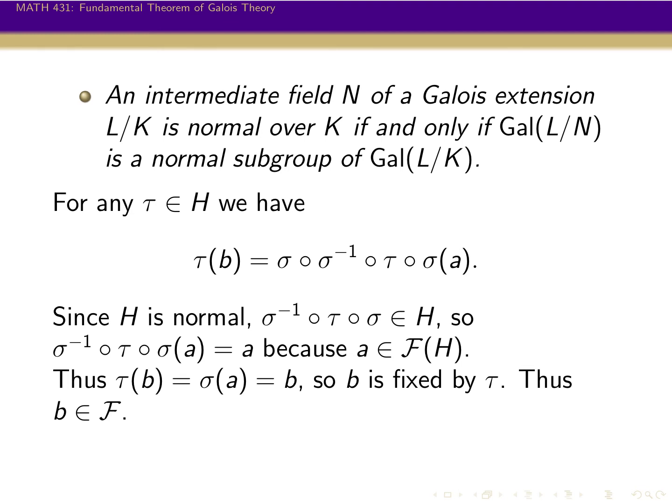Tau was an arbitrary element of H, and so that means that B is in the fixed field of H. And so this works for any other root B of the minimal polynomial for A, and so that means that all of the roots of the minimal polynomial of A are going to be inside that fixed field, and that's the definition of being a normal extension. And so that finishes off this direction and finishes off this bullet.